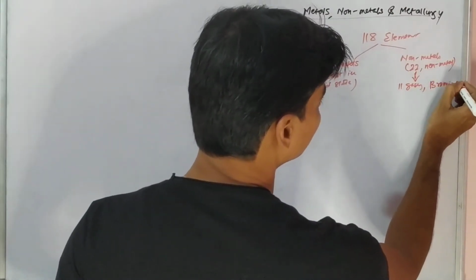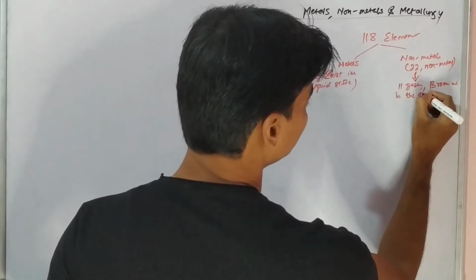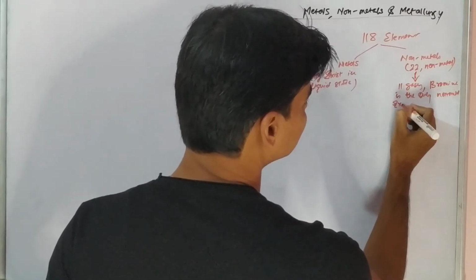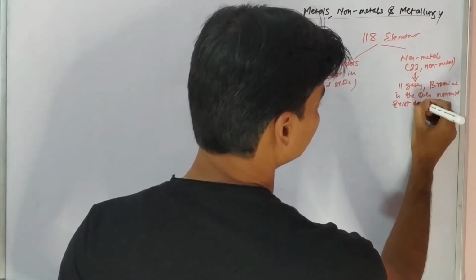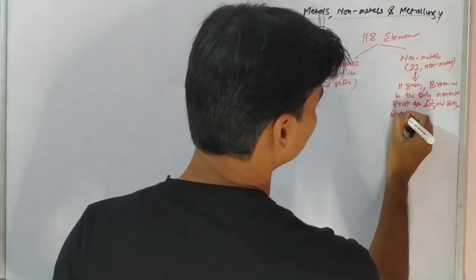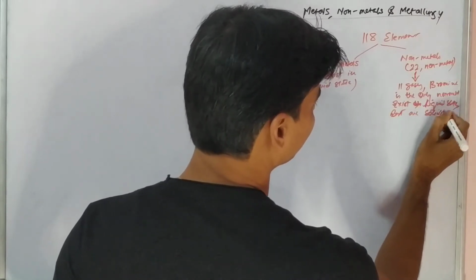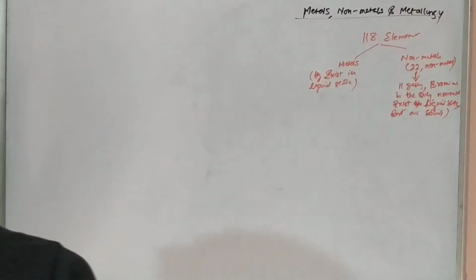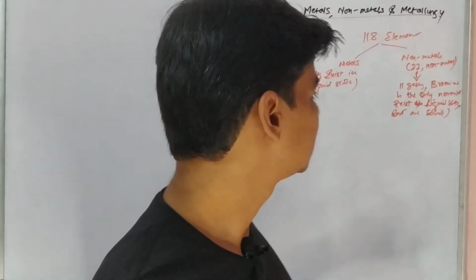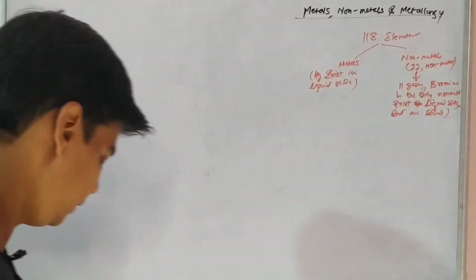Bromine is the only non-metal that exists in liquid state, and the rest are solids. So this is important. Name one non-metal that exists in liquid state at room temperature, it's bromine. And name one metal which exists in liquid state at room temperature, it's mercury. This is important. This has been asked before.